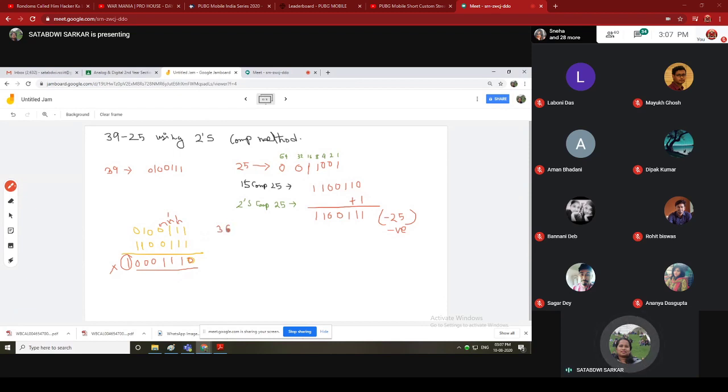This is 39 and this is minus 25. So the result should be 14. And here the result is also 14. And in the MSB position it is 0. So it is plus 14.